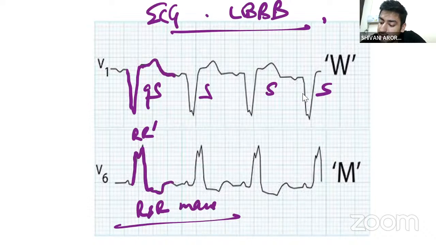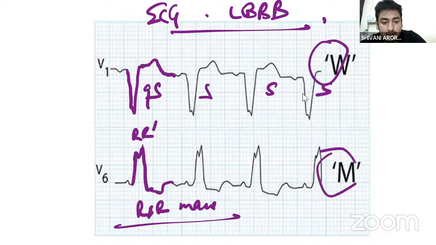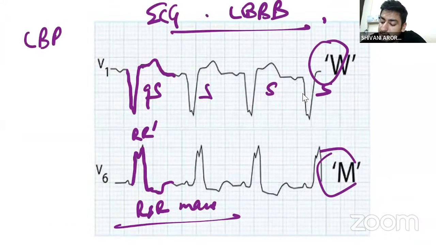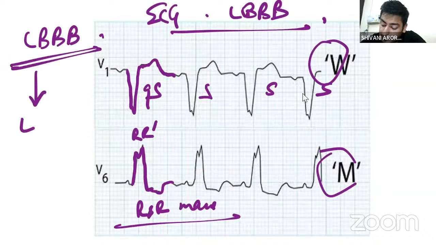Also, LBBB is mostly associated with left axis deviation. Another thing is that LBBB is the most common conduction abnormality in cardiomyopathy.